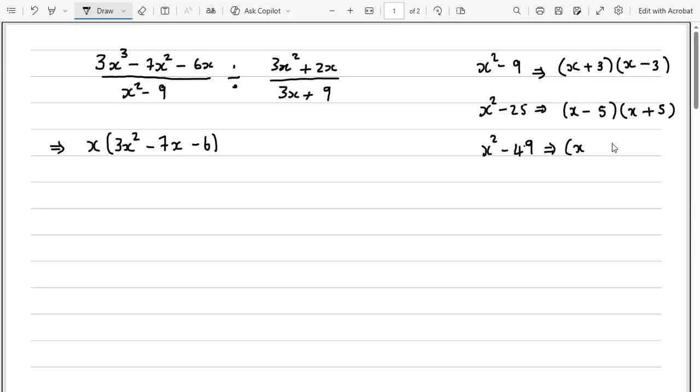So this will be x on both sides, and the root of 49 is 7. You put 7 on both sides. One should be negative, the other one should be positive. So that's how you factorize a difference of squares. Okay, so if we factorize this, it is x plus 3 into x minus 3.